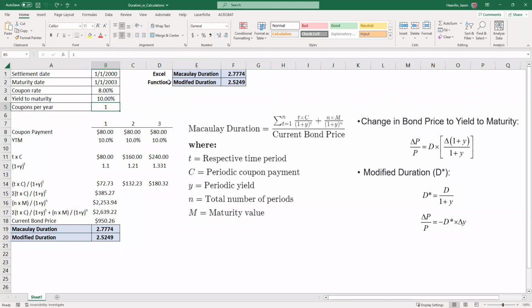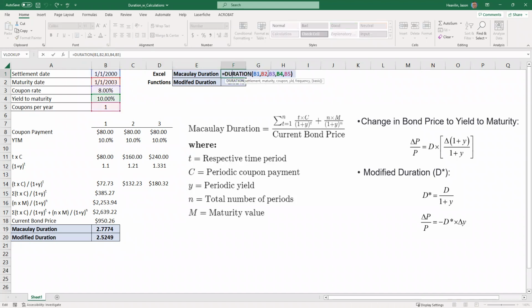Now, I'm going to first start with the Excel functions for these calculations, just so you can see the values that you get, and then we'll go through the manual calculation, which you will see then that they match. Excel has a function, as you can see, is duration and some values.